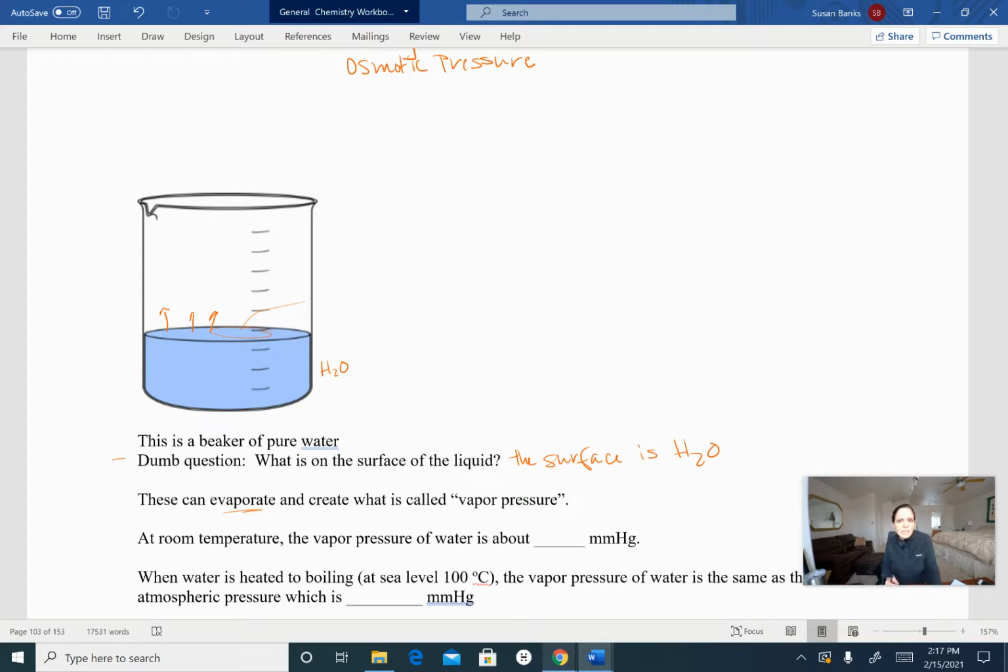That's why when we leave a bottle of water out, or a glass of water out, or water on the table surface out for a long time, we come back and it's dry. It evaporates off. So when these molecules go into the air above it, it creates kind of a pressure. And that pressure pushes against the atmosphere.